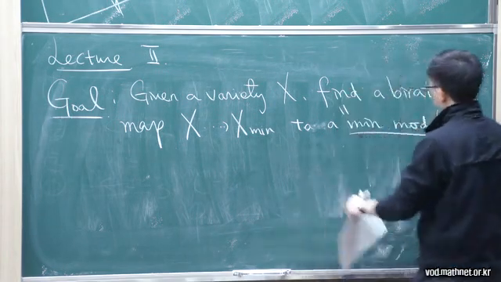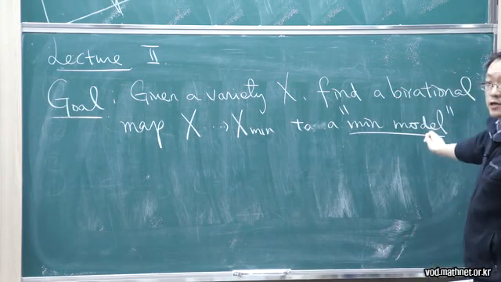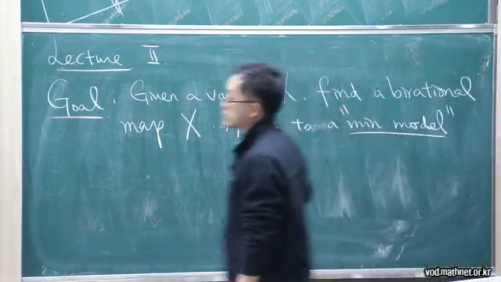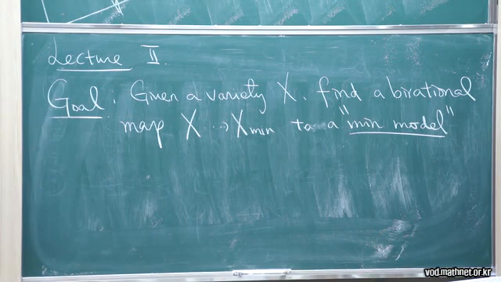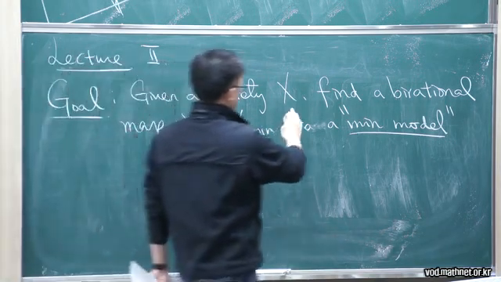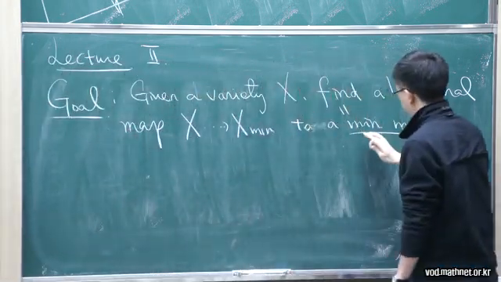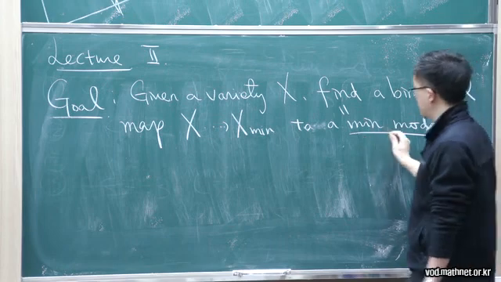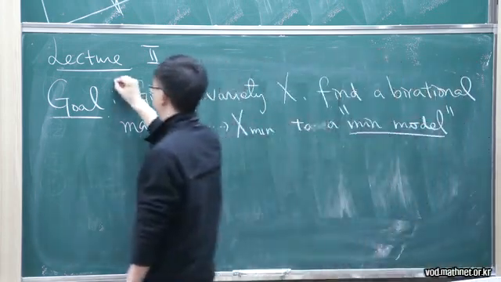Here I didn't define the minimal model yet in higher dimensions, but it's almost the same, except that we allow singularities. Okay, so I will define it later on. So this is first.